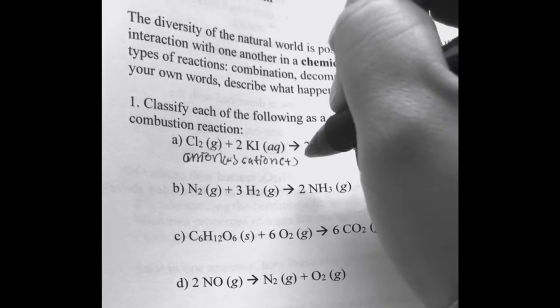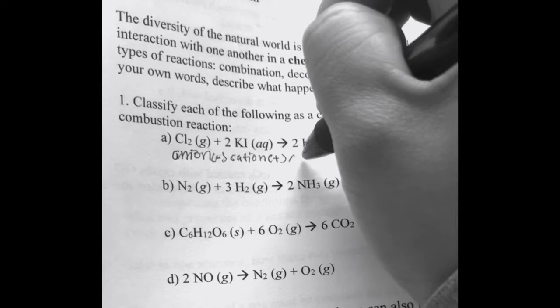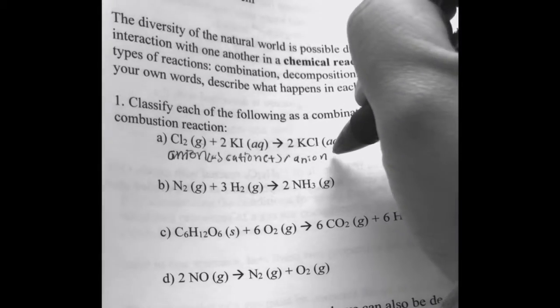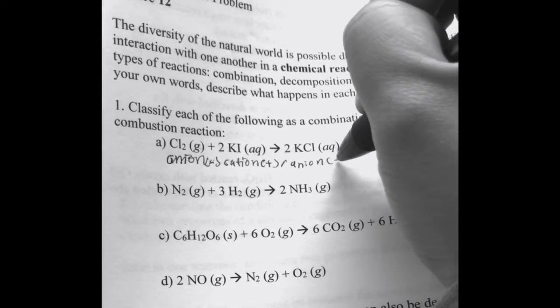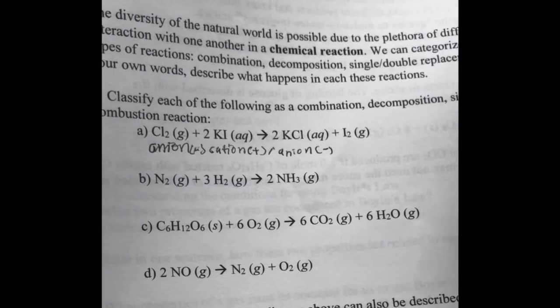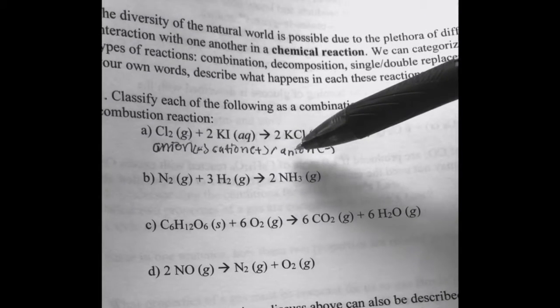And for iodine, it's going to be an ion containing a negative charge to it. So what does it mean for an anion, a cation, and an anion?